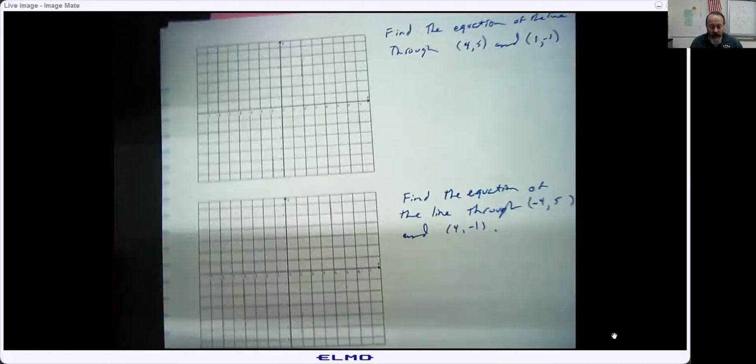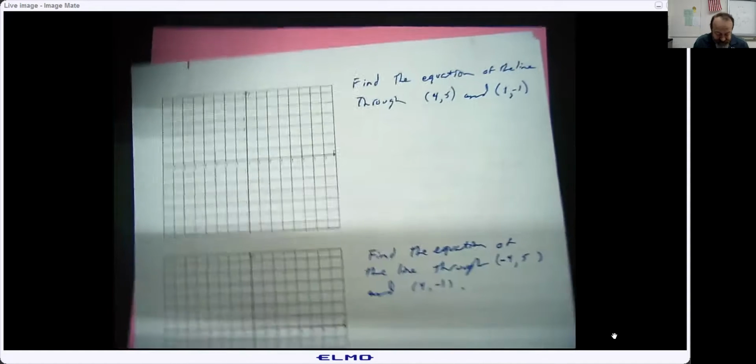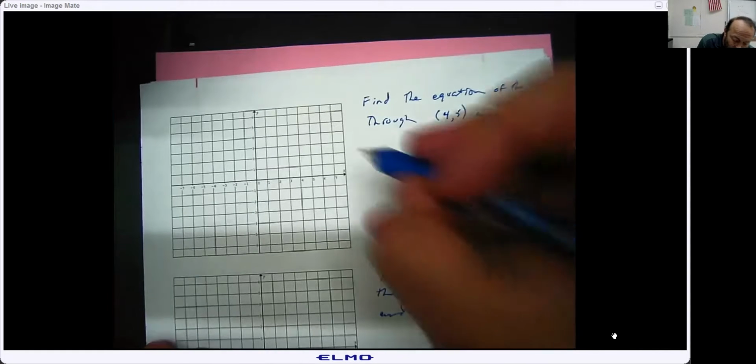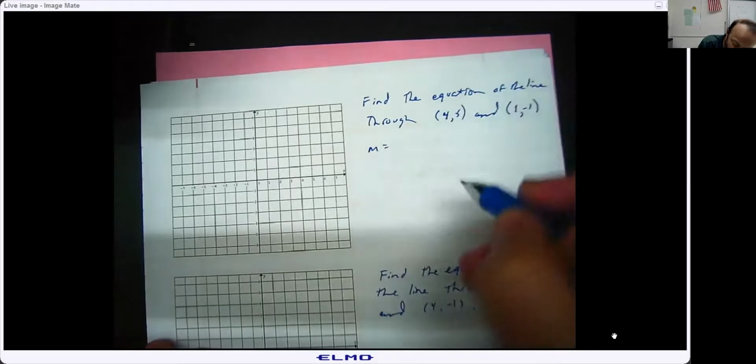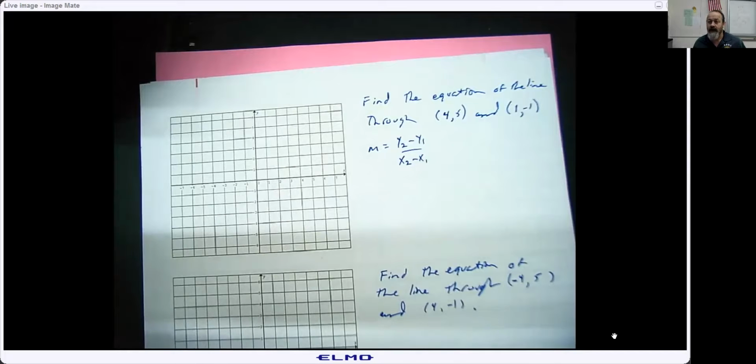Now, in your videos that you do in Acellus, they sometimes will go a little bit further and they will say, well, you know what, instead of looking at the problems that we have, let's go ahead and give you 2 points. So one thing you can do to find the slope is look back at that formula. Now, unfortunately, I like it better when they give me the slope, but in this case, they didn't.